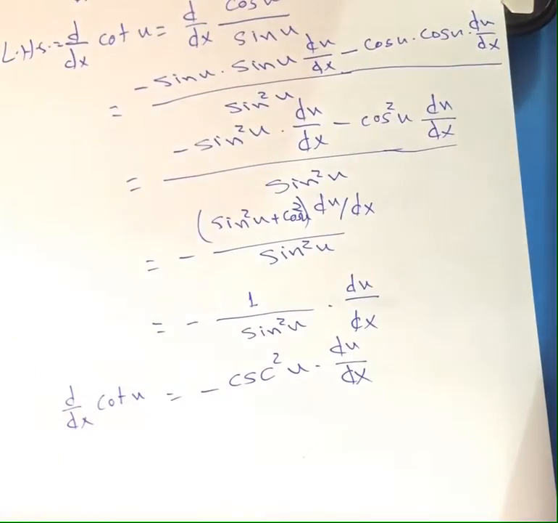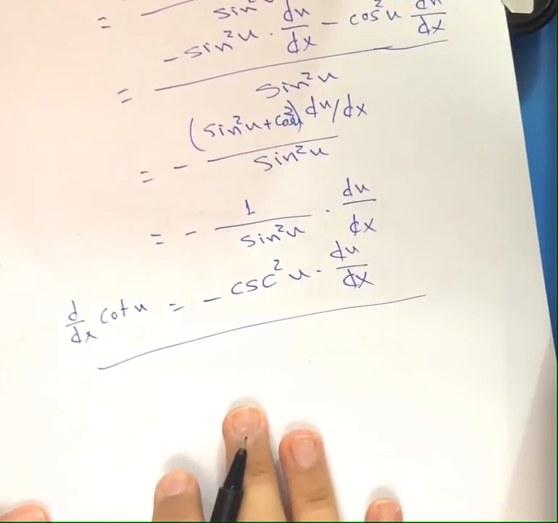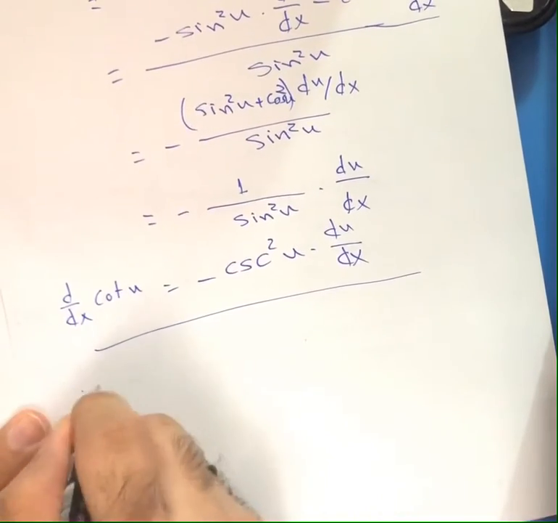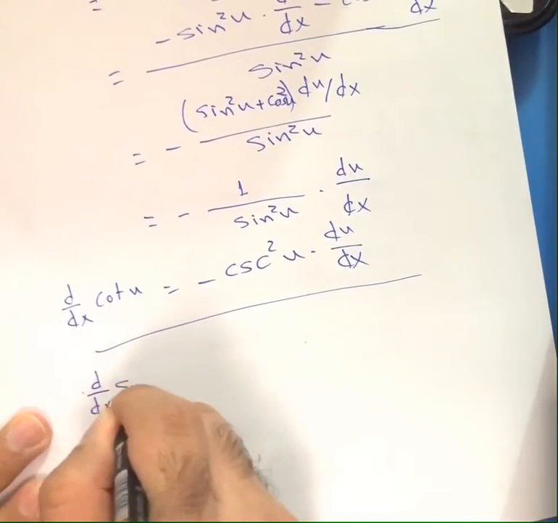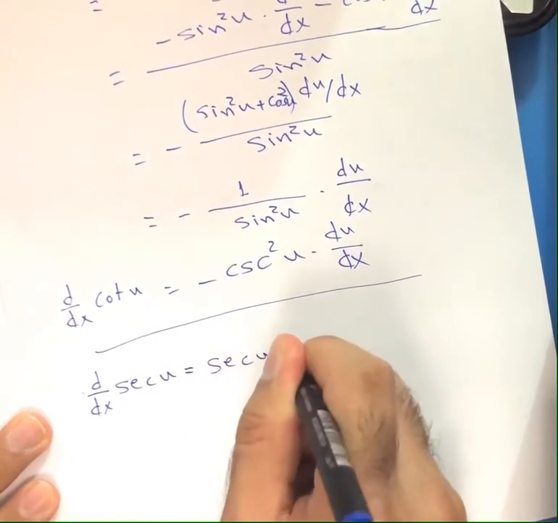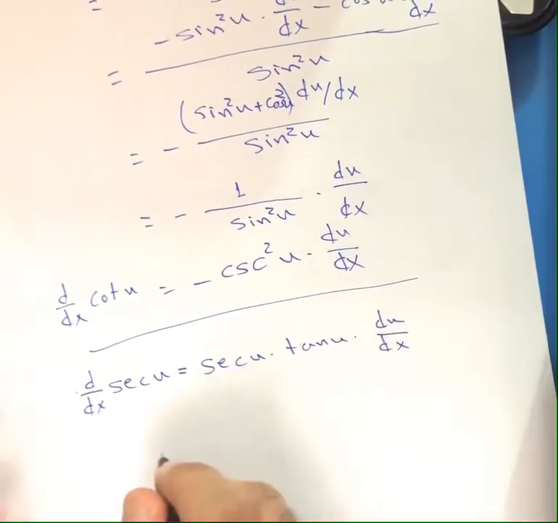Beside that, we have also another two important relations in the subject of trigonometric function derivatives, which is d by dx for sec u equal to sec u tan u multiplied by du by dx.